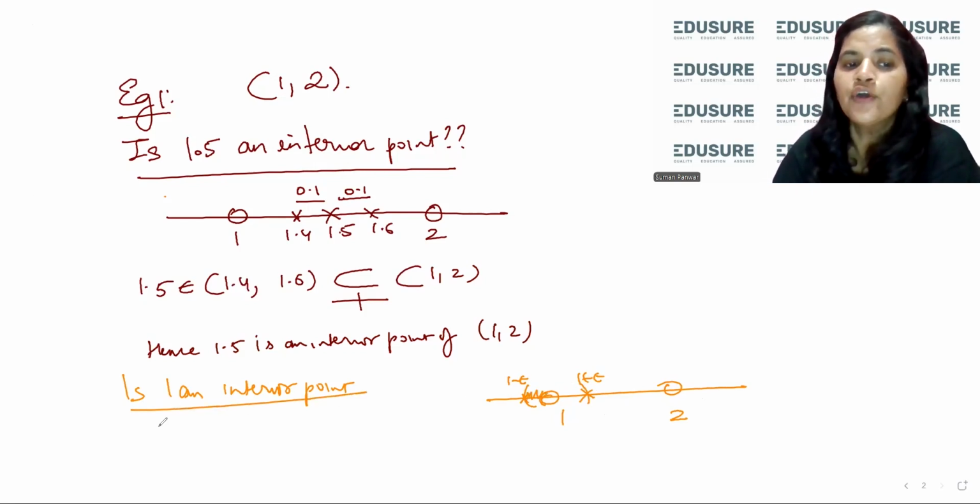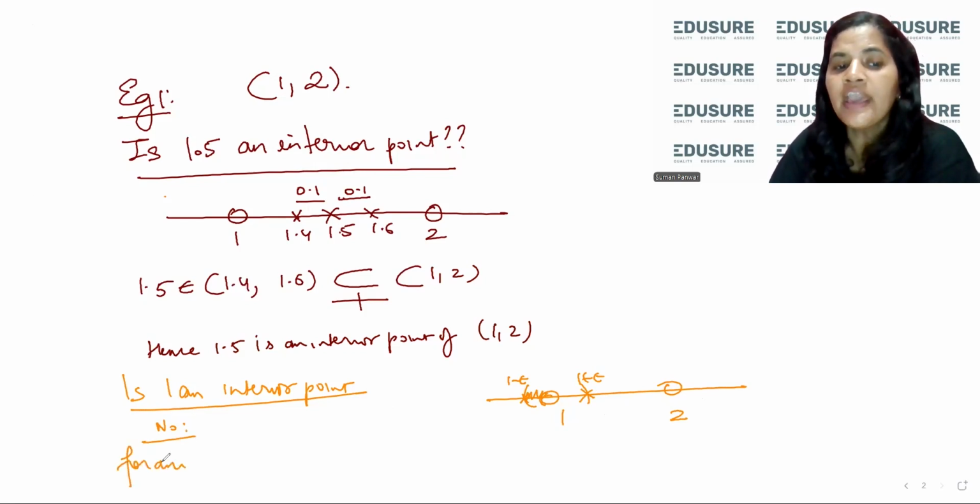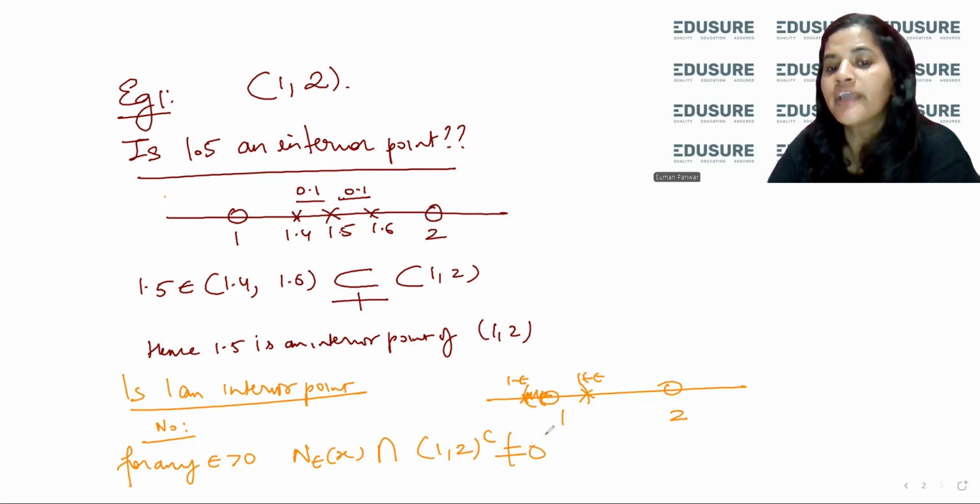So you will say no, because for any positive epsilon, N epsilon X, that is the neighborhood of X with length epsilon, intersection with the complement of (1, 2) is not empty.